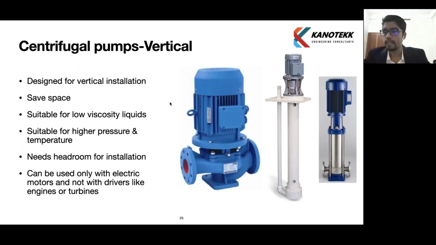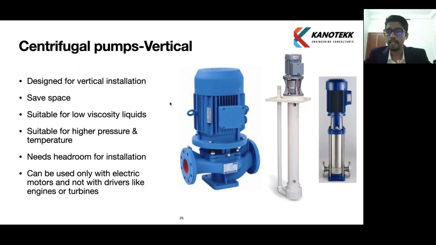Okay, now we will see centrifugal pump vertical type. So in the diagram, we can see that the pump is vertical. This is designed for vertical installation. The main advantage is we can save space. Wherever there is a space constraint, we can use a vertical centrifugal pump. It is suitable for low viscosity liquids, and we can use it for higher pressure and temperature.